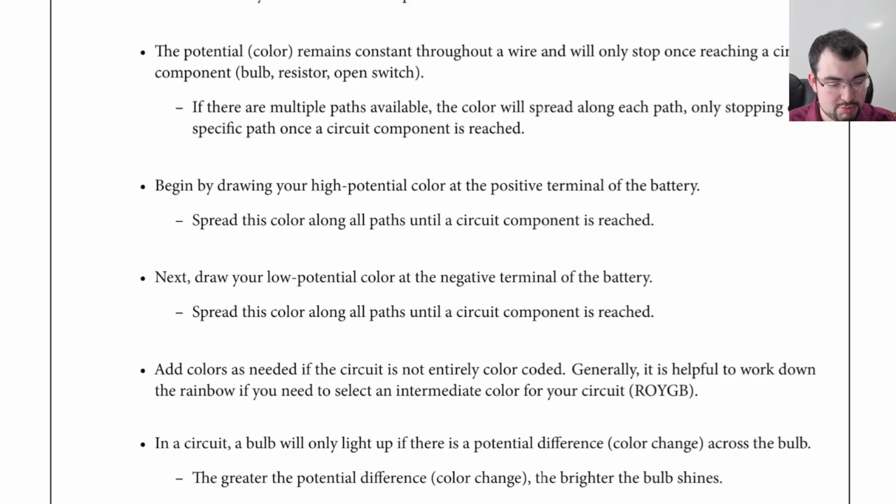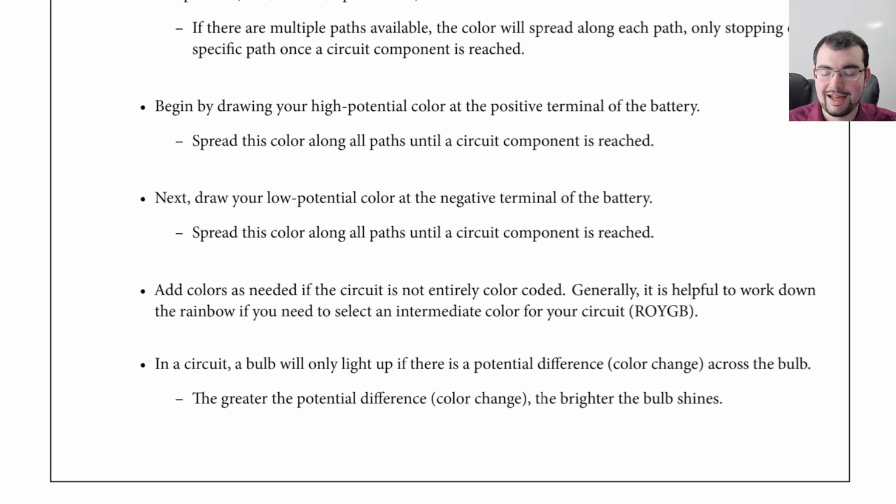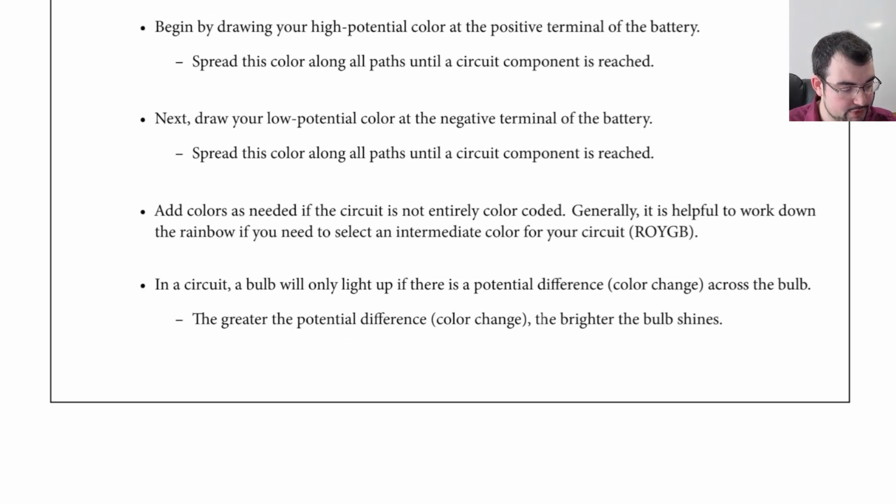So we start by spreading out the high potential color, then we'll spread out the low potential color, and then if you need anything else, you got to add some more colors. So the simplest circuits can just be red and blue, but you might get some oranges and some yellows in there as well if you have multiple steps. Usually I like to use this kind of rainbow as my potential ordering. I can't imagine a scenario that's reasonable where you'd need more than like 4.